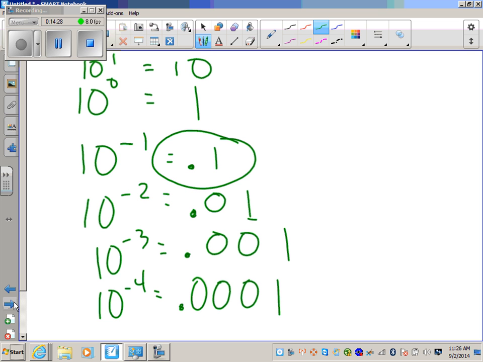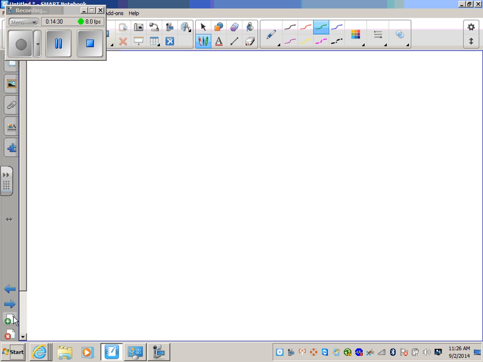Now, when we work with expanded form with the decimal portion, let's say I want you to write 23 hundredths in expanded form using powers of 10. Well, first actual digit is the 2. All right.